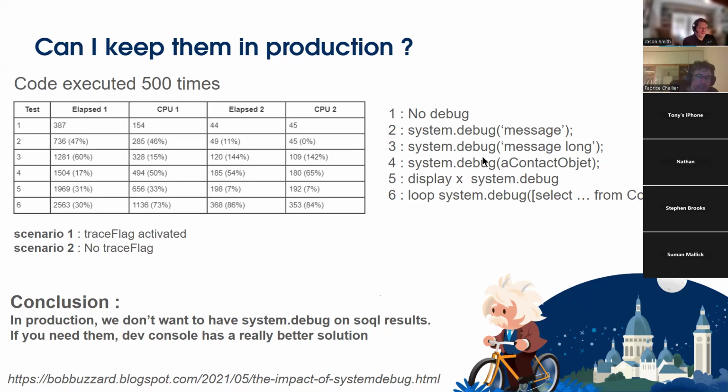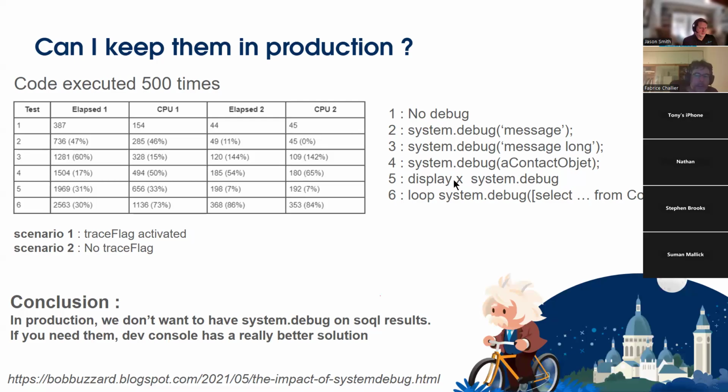This one is the heaviest one. It will take about 1 second to do this. So if you're planning to have 500 of these system debugs, consider that you will start to have performance issues. But if the trace flag is not activated, we can see that the system debug has very low impact on the performance of the transaction.